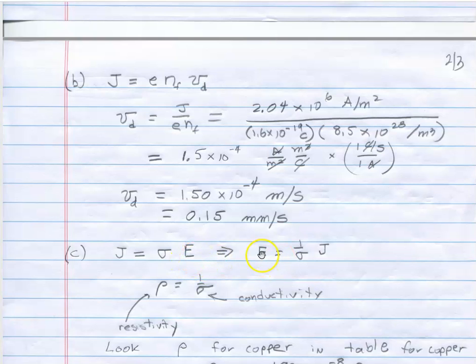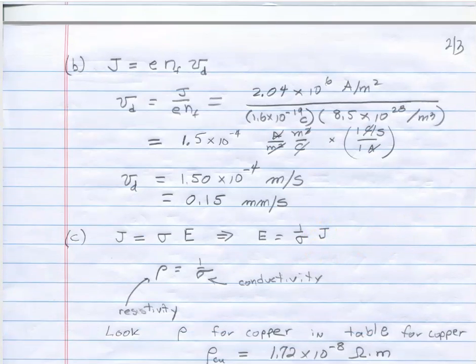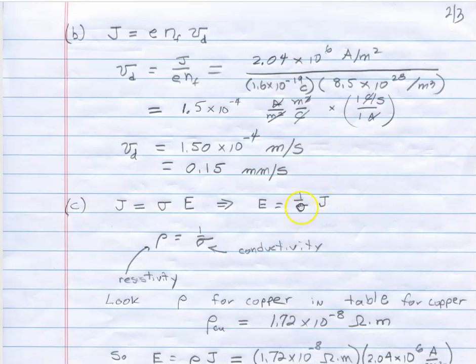And you can solve this for the electric field, since I already know the current density, calculated that in part A, divided by sigma. But remember, the 1 over the conductivity is equal to the resistivity. And this would be a material property. And so we have to go look up.